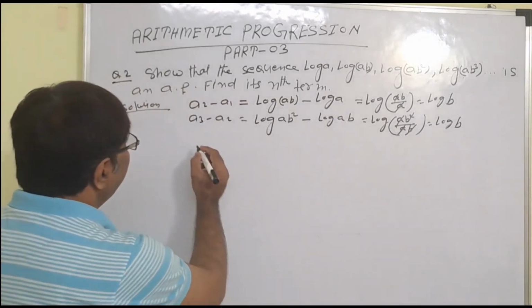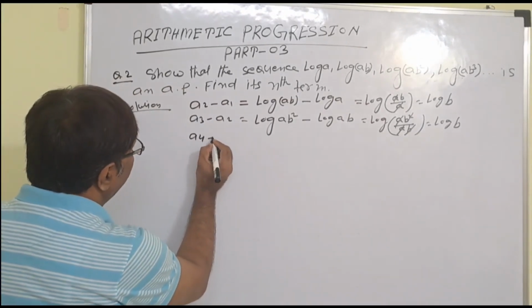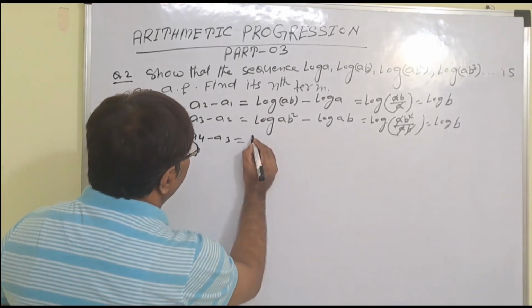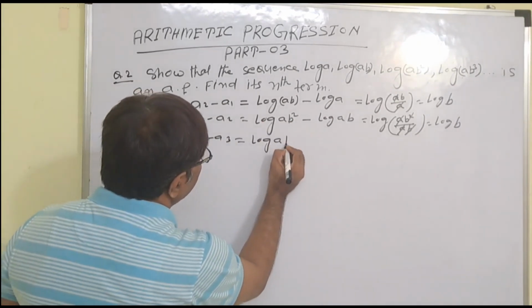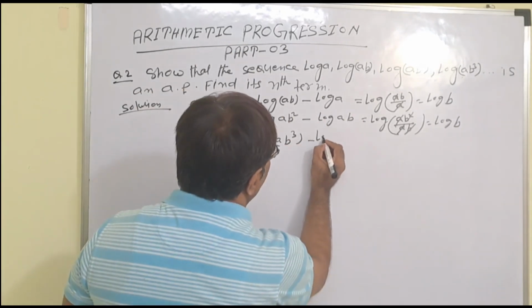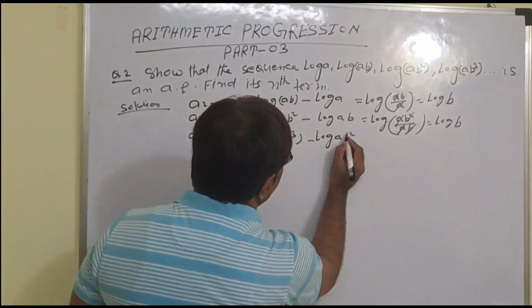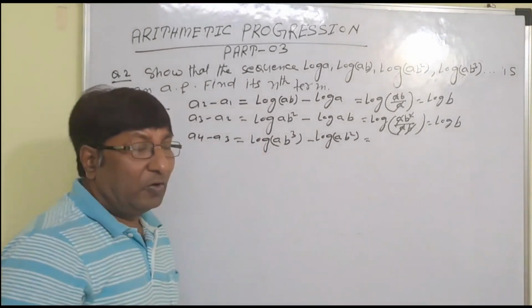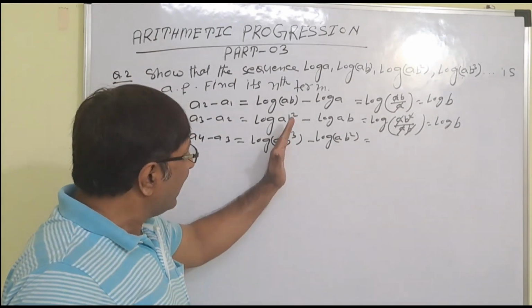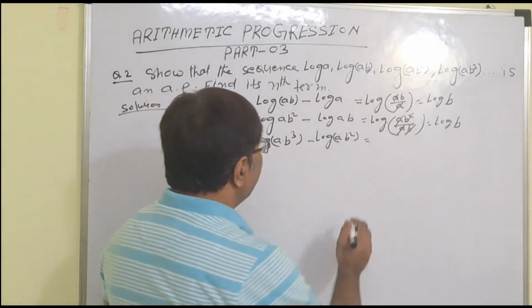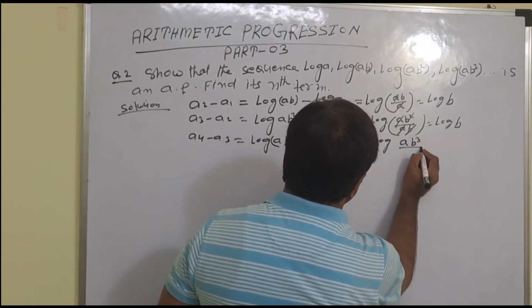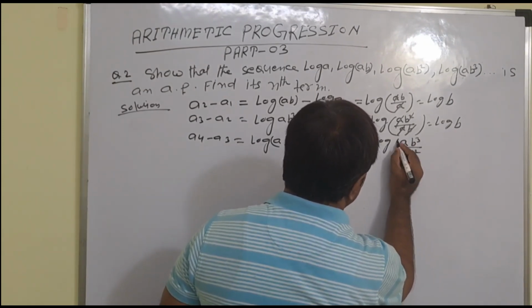In the same way, finding the fourth term minus the third term. The fourth term is log ab cube, minus the third term, log ab square. You know log x minus log y is log x upon y, so same rule here: ab cube divided by ab square.